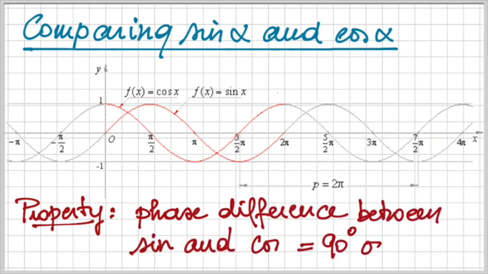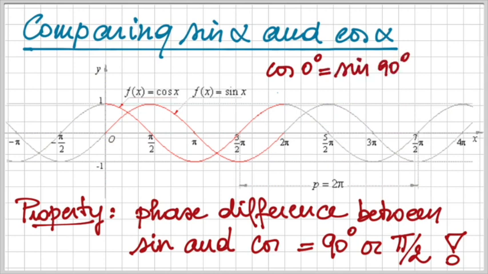And we see that this is in fact leading where we see cosine of 0 degrees, which is 1, is equal to sine of 90 degrees. And that's a very interesting property when we look at those different functions. So we could also say that the cosinus function is a sinus function, but with a phase difference of pi over 2. Let's look at some exercises there.